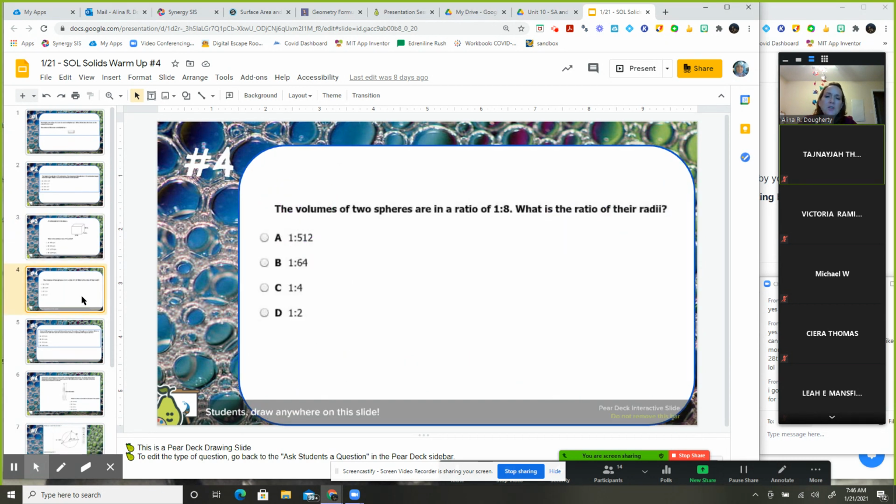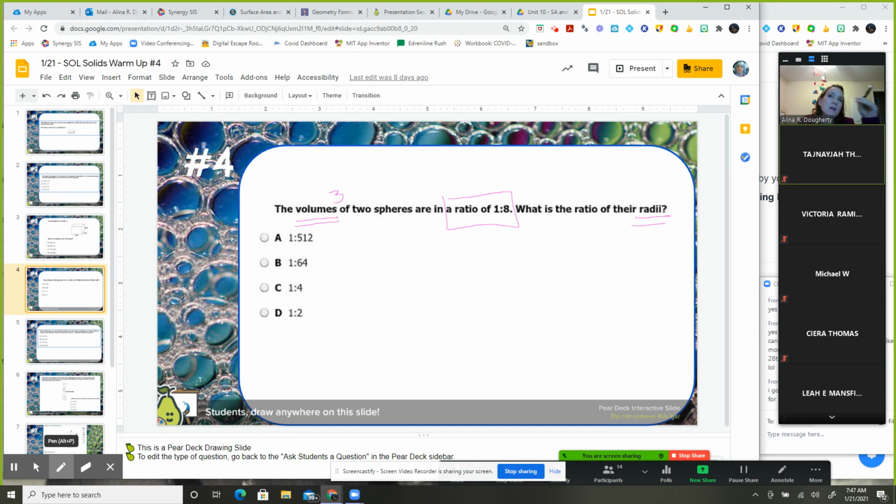All right. Volume of 2 spheres have a ratio of 1 to 8. What is the radii? So we've done one question like this the last 2 days. The ratio is 1 to 8 of their volumes. What's the exponent for volume? 3. And then what's the exponent for radius?